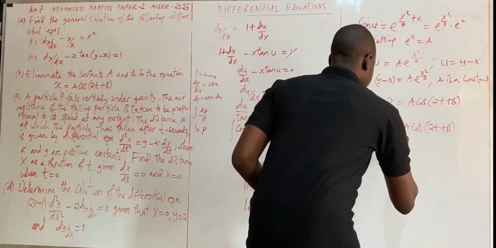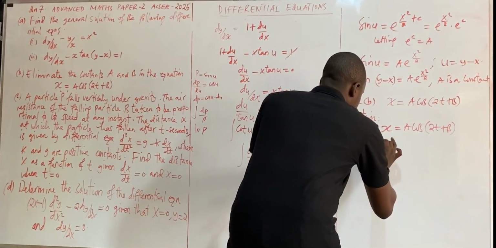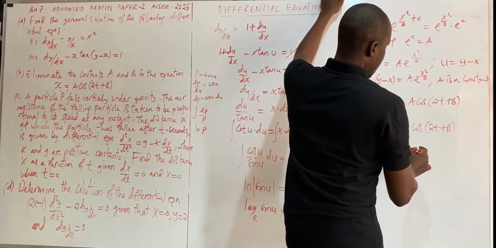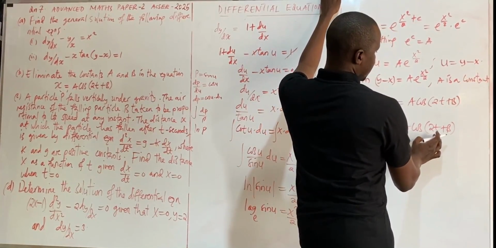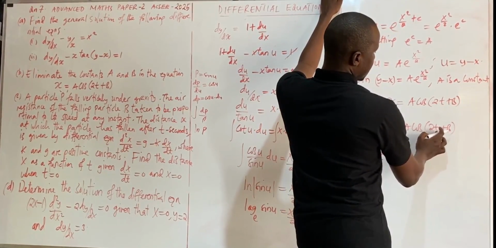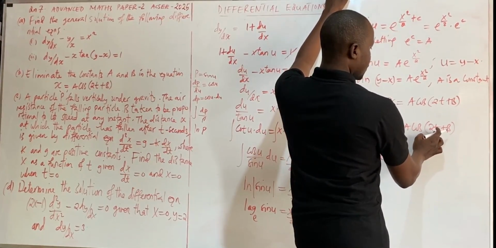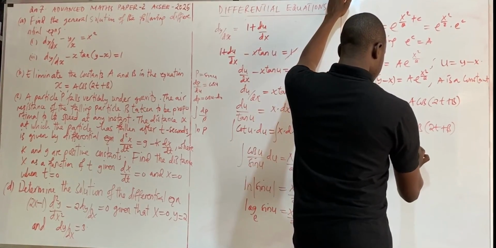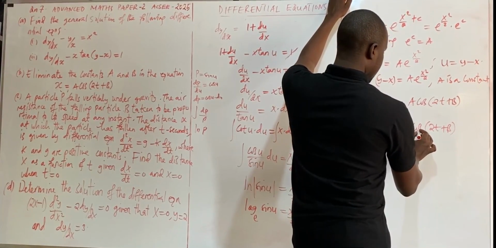So here, dx/dt equals the derivative here. It means the derivative of the angle inside will be 2, because 2t becomes 2. Now it is 2 times the derivative of cosine.